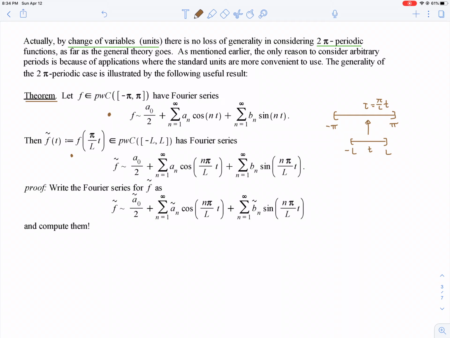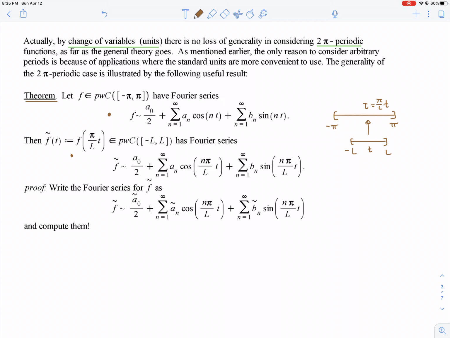So the function f of pi over L t will be periodic with period 2L, and we're assuming f is piecewise continuous with a Fourier series. So this rescaled function, which I'm calling f tilde of t, will be piecewise continuous and periodic with period 2L.